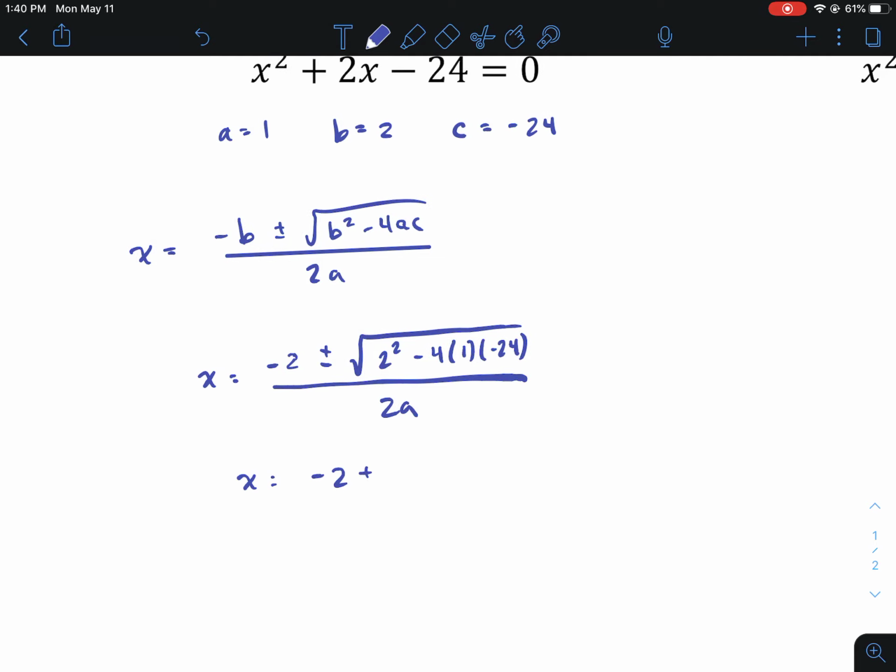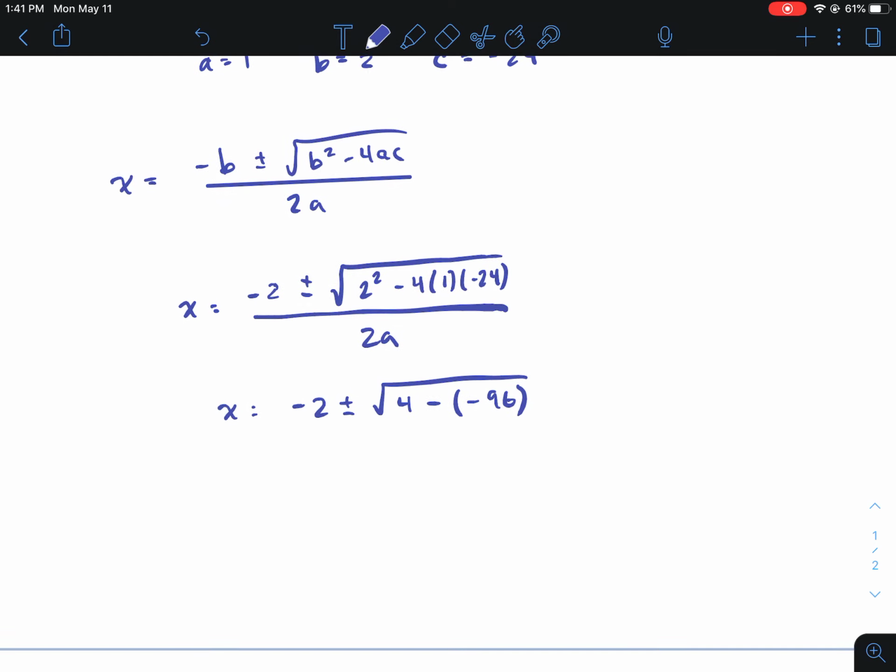We get negative 2 plus or minus the square root of 4, because 2 squared is 4, minus 4 times negative 24 is negative 96, over 2a. So that minus a negative 96 is the same thing as plus. So this becomes the square root of 100.